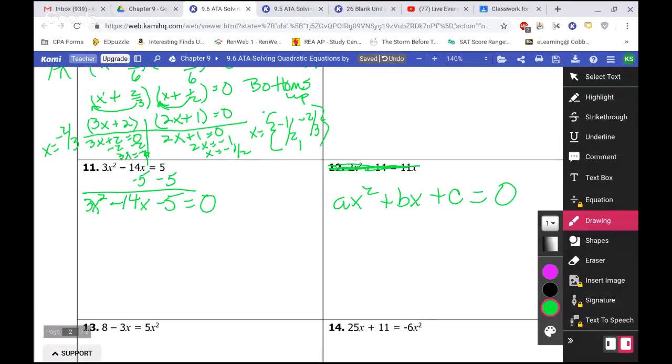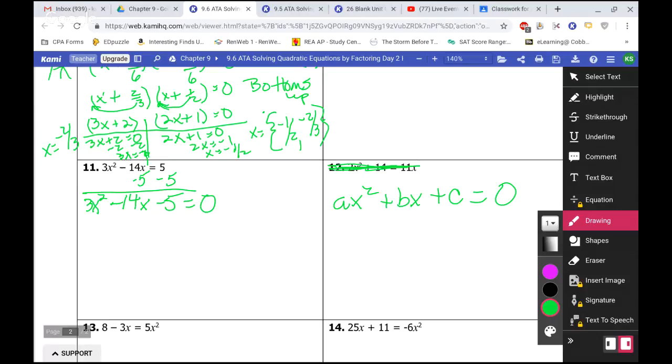Does that make sense to you guys? Remember, you want this set equal to 0. So you need to get everything on the left, so there's a 0 on the right. Everything on the left, 0 on the right. Does that make sense? Good thing to write down in your notes to remind yourself if you need to.